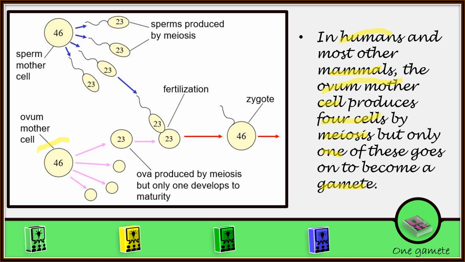So we have seen here the ovum mother cell is going to produce 4 cells, and of these 4 cells that are produced, only one of them is going to become the gamete. So the ovum is produced by meiosis, but only one develops to maturity.